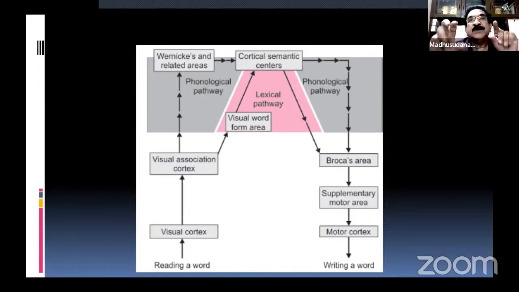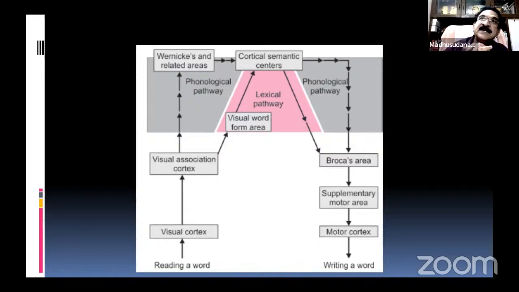That word is already there in your lexicon. On the other hand, if I read a new word like a French word, commando, you cannot read that as a whole because it is not in your dictionary, not in your lexicon. You can still read it, but you read letter by letter.